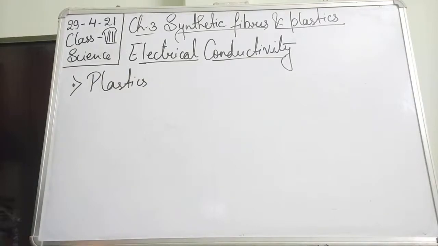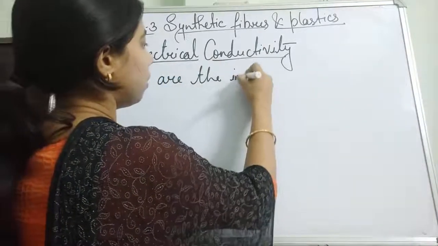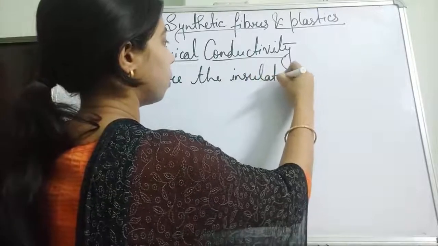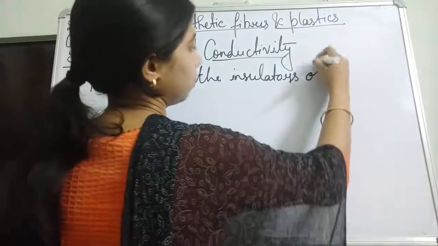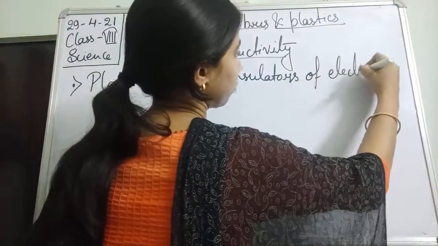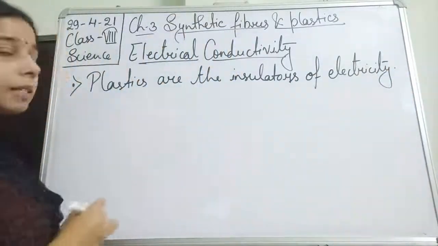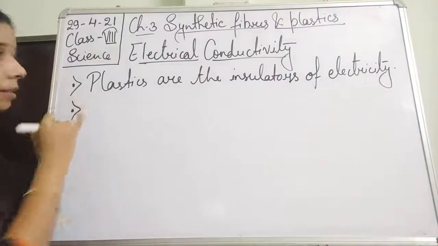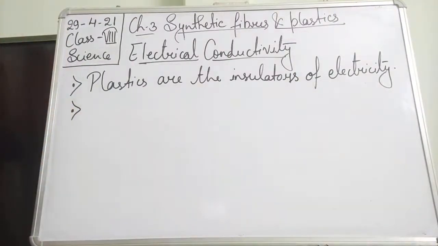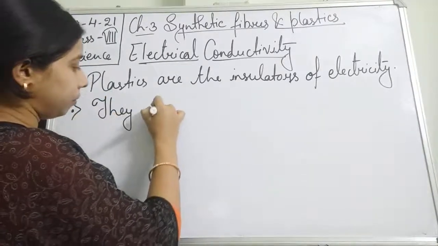Plastics are the insulator of electricity. Second thing is that they are used as a covering material.